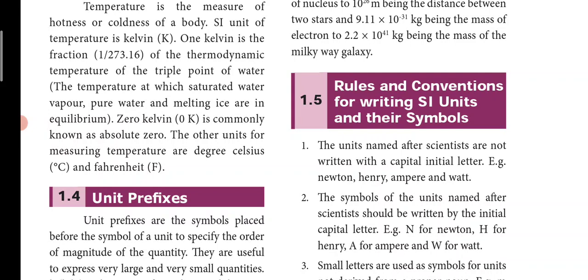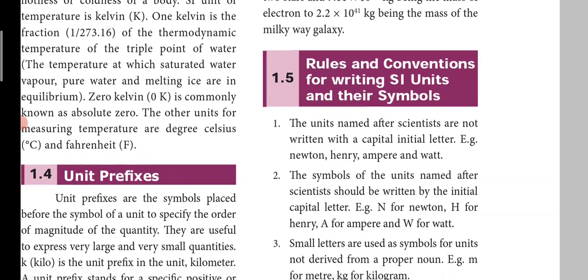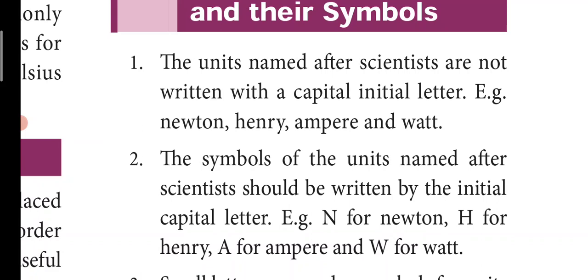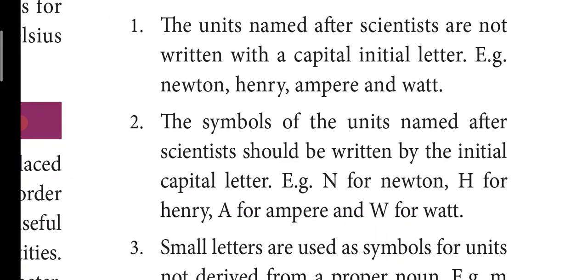Now, moving on to the rules and conventions of writing SI units and their symbols. These are the rules. It is very important. Listen. Units named after scientists are not written with a capital initial letter, for example newton, henry, ampere and watt. These are scientists' names, and we should not use a capital letter for the starting letter when writing the unit fully. But the symbols of units named after scientists should be written with an initial capital letter.